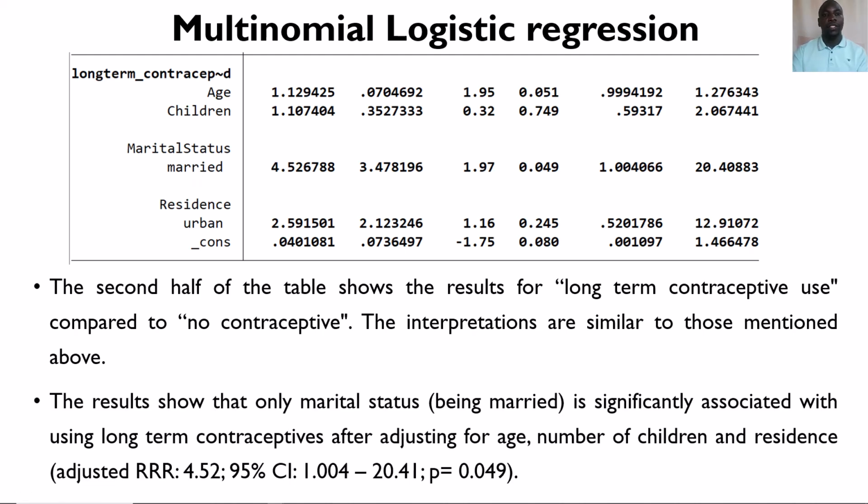So these results show that only marital status, being married in particular, is significantly associated with using long-term contraceptives after adjusting for age, number of children, and residence.